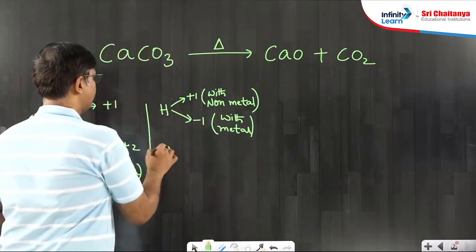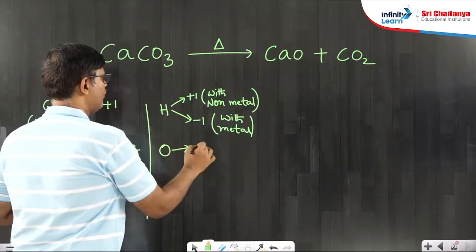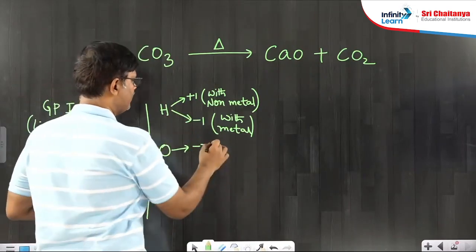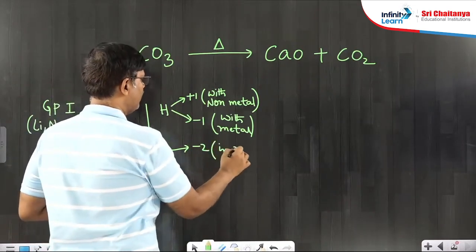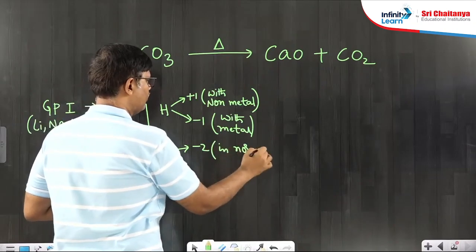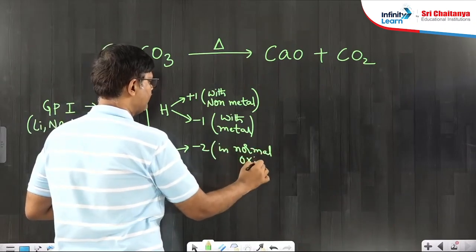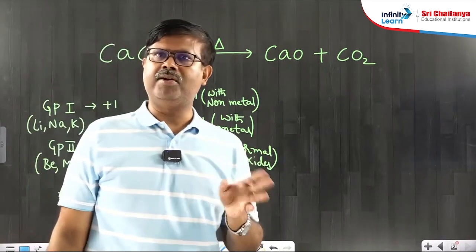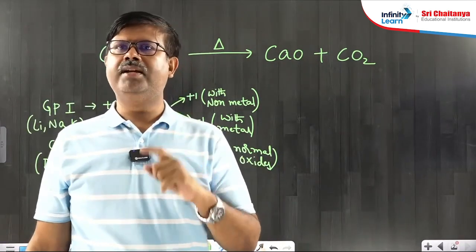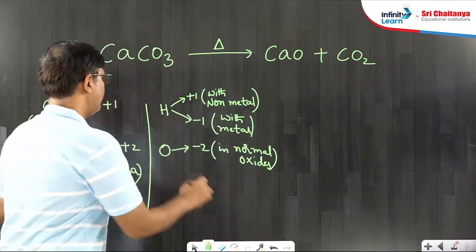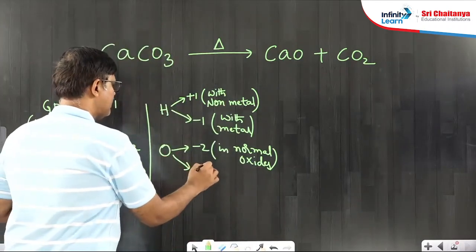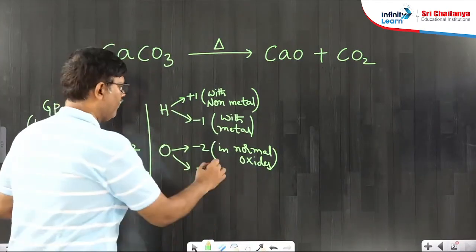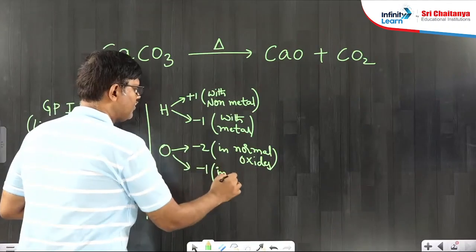And oxygen. Oxygen is usually -2 in normal oxides. Most of the compounds we see are normal oxides, and you take it as -2. But in rare cases you will see an oxidation state of -1.